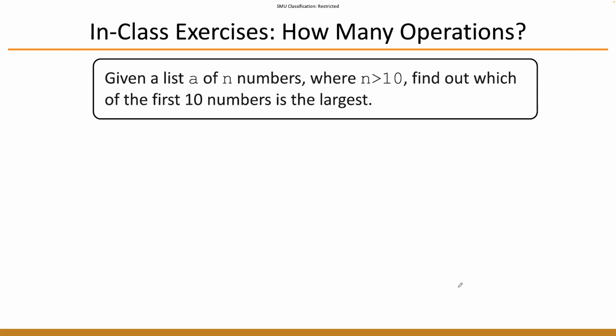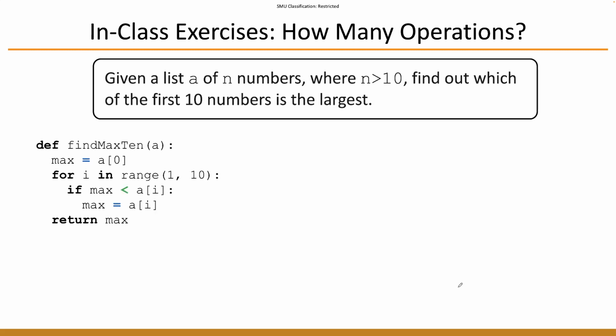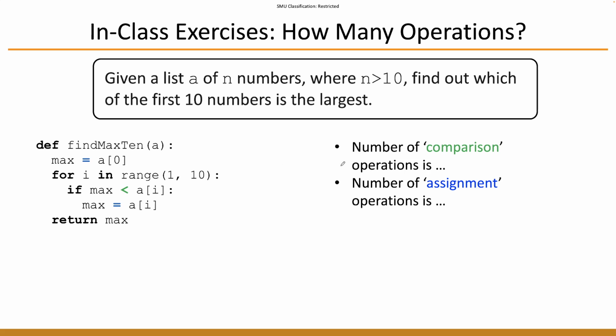The value of n is greater than 10, and you want to find out which of the first 10 numbers is the largest. This is the code that will help you achieve that. Your task over here is to identify the number of comparisons, the green operation, and the number of assignments, which is the blue operation.